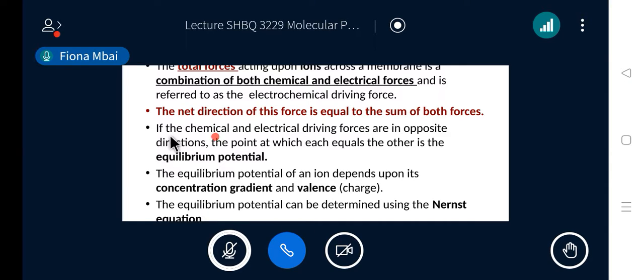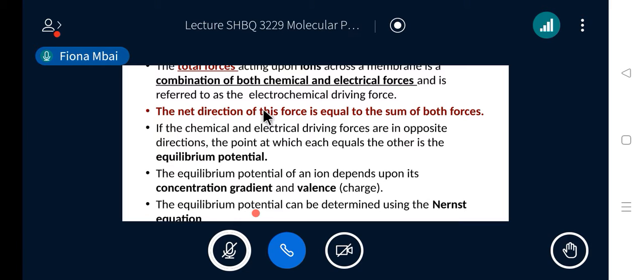Just add them up. If the chemical and electrical driving forces are in opposite direction, the point at which each equals the other is called the equilibrium potential. The equilibrium potential of an ion will depend upon its concentration gradient and, of course, its valence, which is the charge.